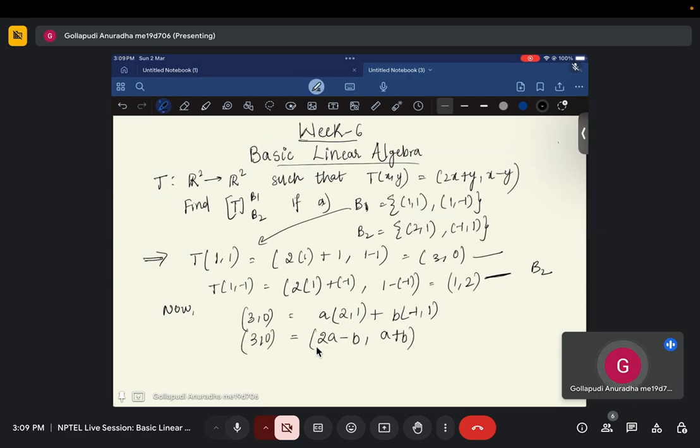So now if you solve this, 2a minus b is equal to 3 and a plus b is equal to 0. With this you'll be getting a is equal to minus b, and 3a is equal to 3, which is a is equal to 1 and b is equal to minus 1. So (1, -1) is our first column.